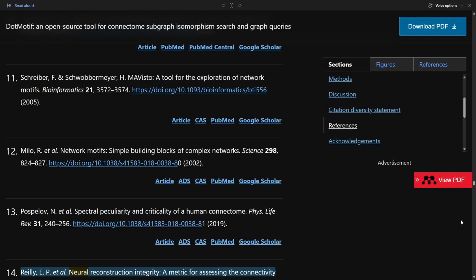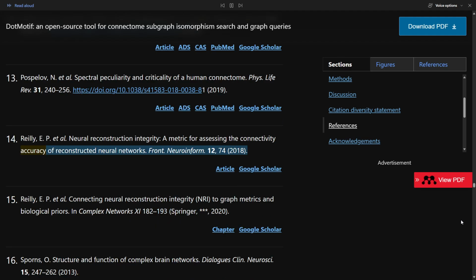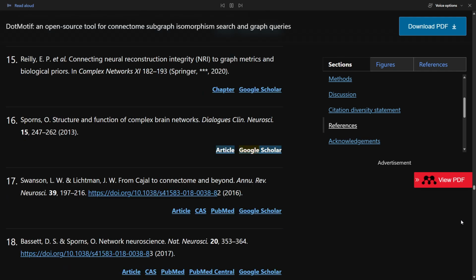Reilly E. P. et al. Neural Reconstruction Integrity: a metric for assessing the connectivity accuracy of reconstructed neural networks. Front. Neuroinform., 2018. Reilly E. P. et al. Connecting Neural Reconstruction Integrity (NRI) to graph metrics and biological priors. In Complex Networks XI, 182 to 193, Springer, 2020. Sporns O. Structure and Function of Complex Brain Networks. Dialogues Clin. Neurosci. 15, 247 to 262, 2013. Swanson L. W. and Lichtman J. W. From Cajal to Connectome and Beyond.